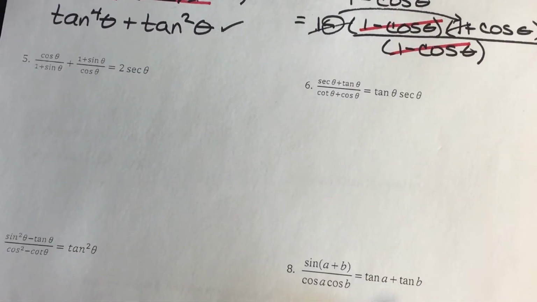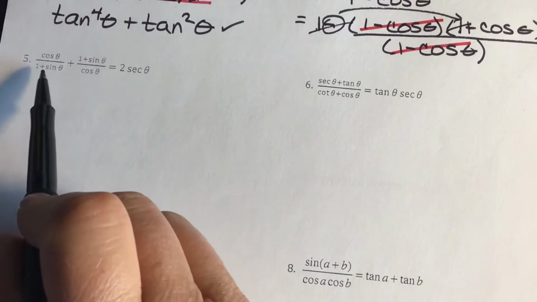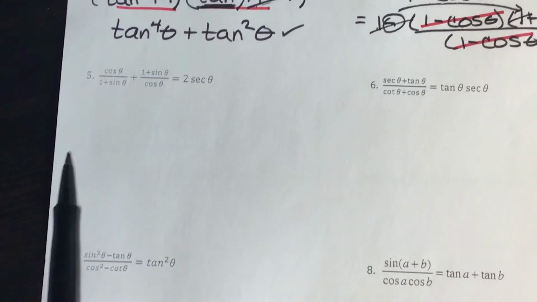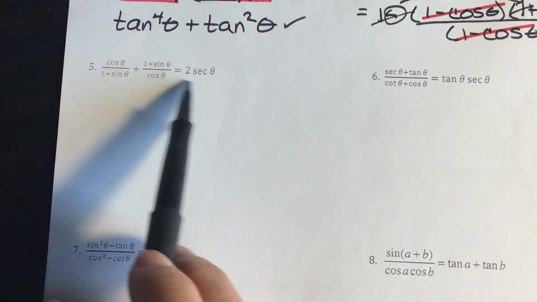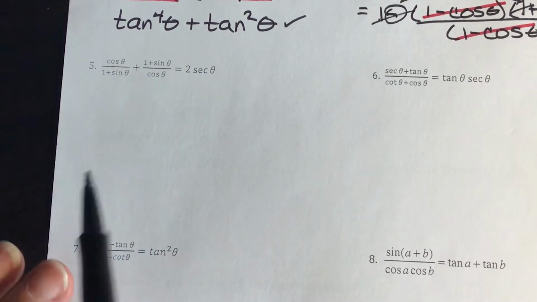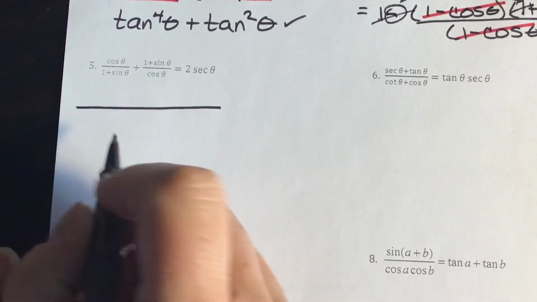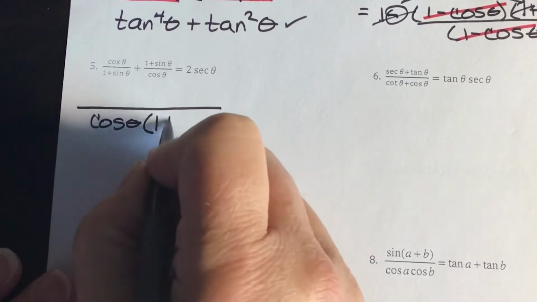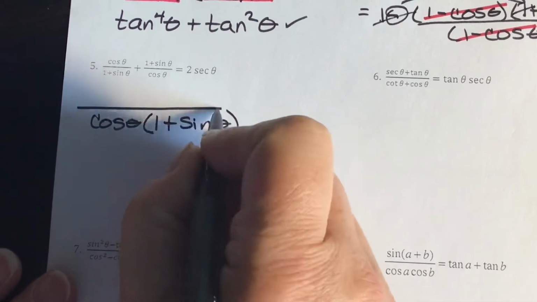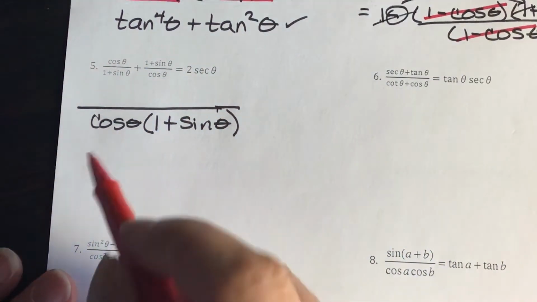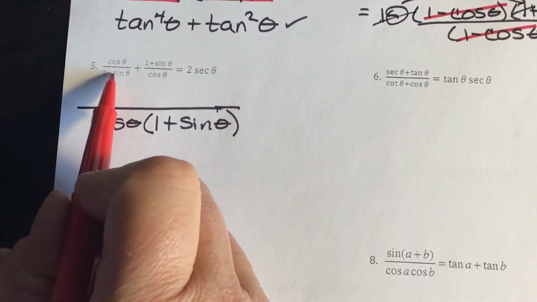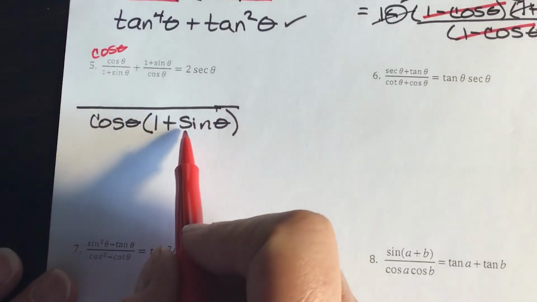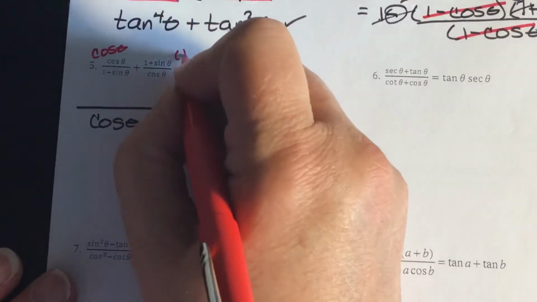Number 5. It looks like on this one, maybe I should get a common denominator. If I am adding fractions together and I'm ending up with one term, I'm going to have to put this all in one term. So I am going to have a common denominator that has a cosine of theta and 1 plus sine of theta. Now, to get the common denominator, I need to multiply the first fraction by a cosine of theta and the second fraction by a 1 plus sine of theta.